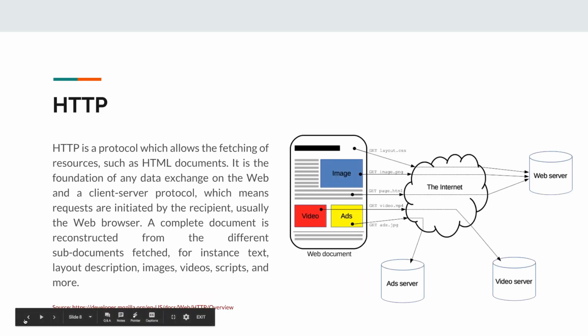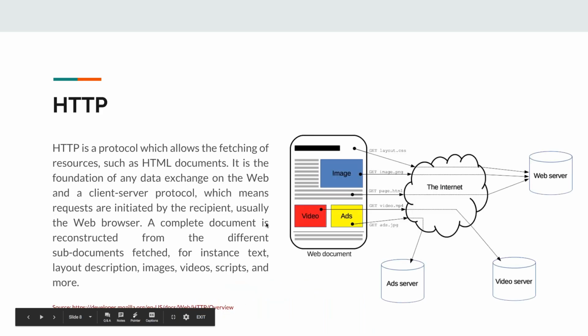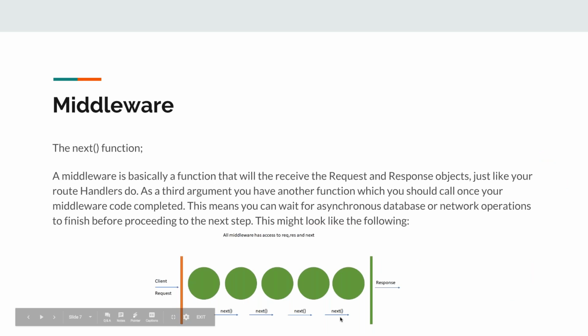Like I said, the middlewares are arranged in a stack structure, so you can basically see them. For example, in this diagram here, we have a client request coming in, and we have 5 middleware functions before we actually get a response back.